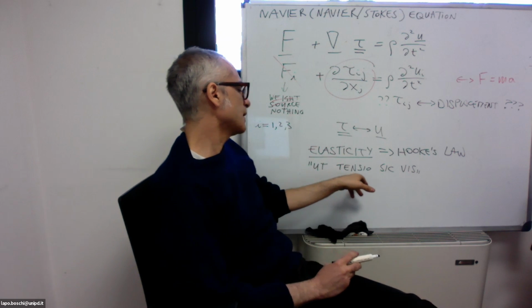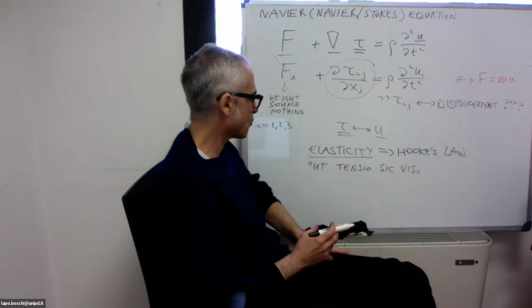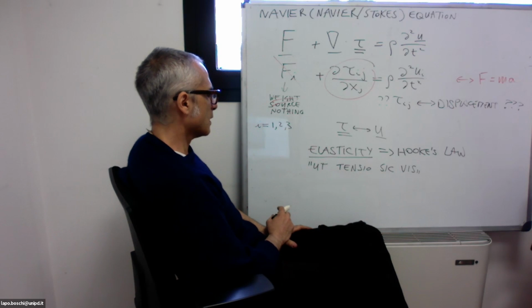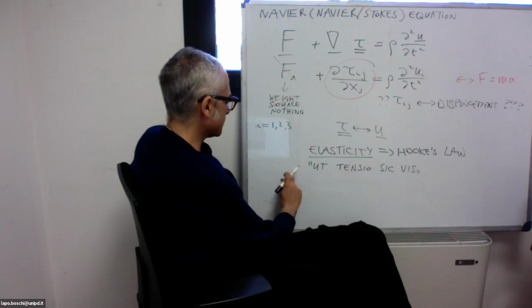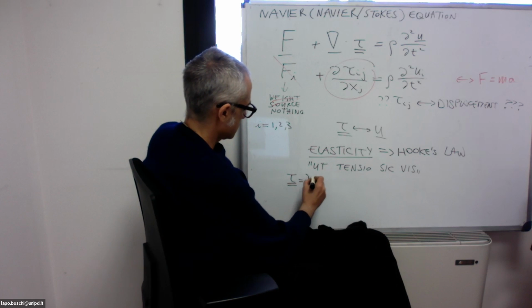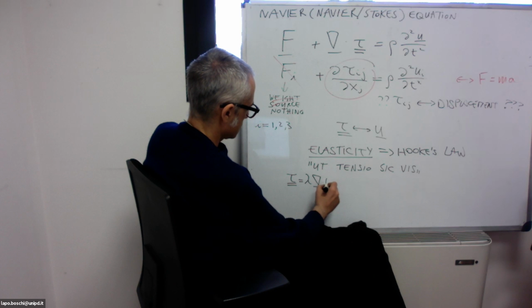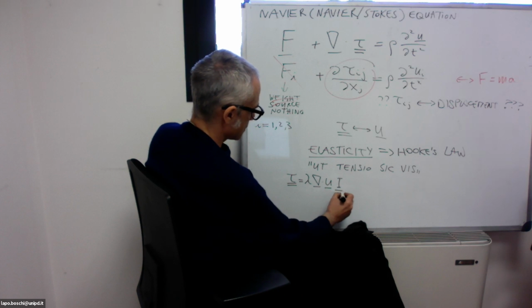So in his mind, tensio was a deformation and vis was the force. In the more modern form, we would write it like this. I'll explain in a second what all this means.